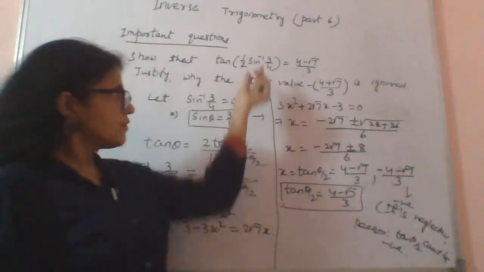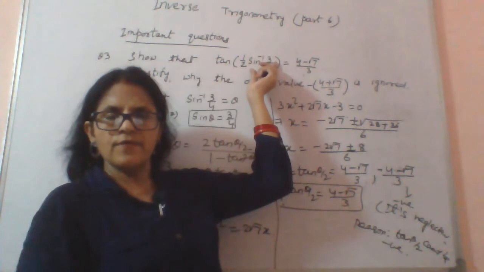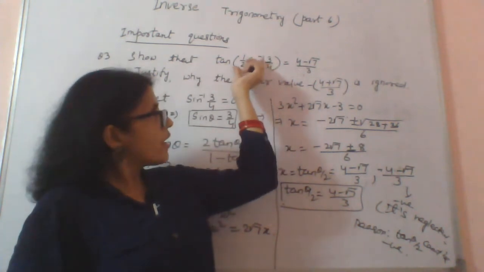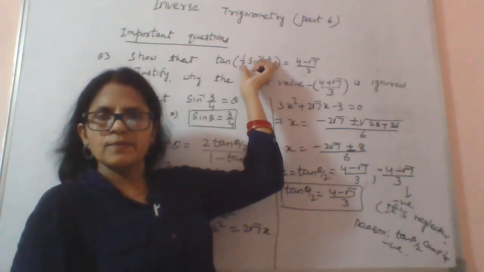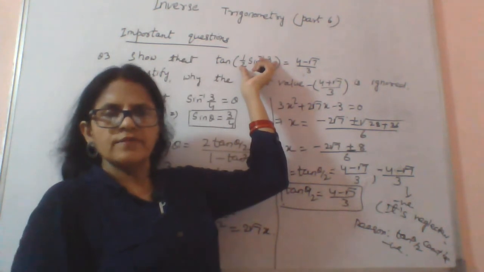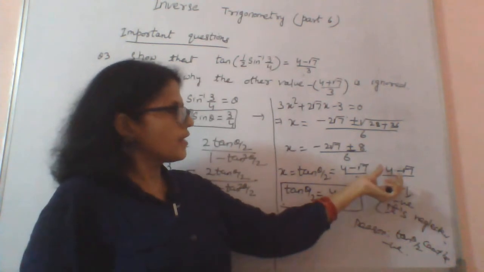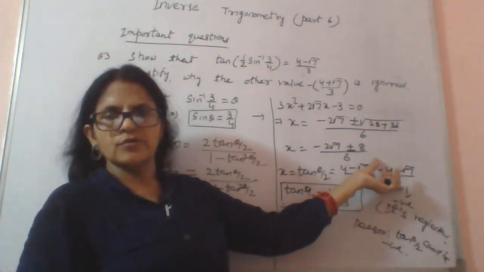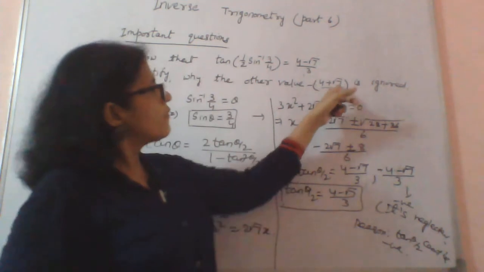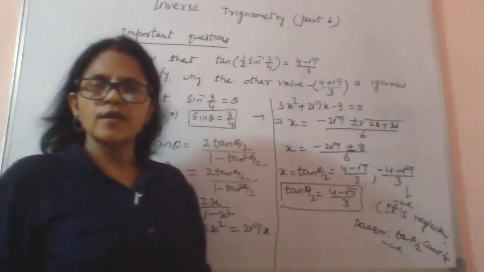Okay, because you are having sine inverse 3 by 4 positive, so half of this is positive, so it means we cannot have tan of this negative. Okay, so that's why we are neglecting the other root, minus of 4 plus root 7 by 3, is ignored. Okay.